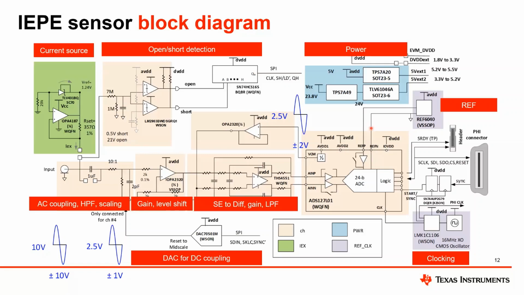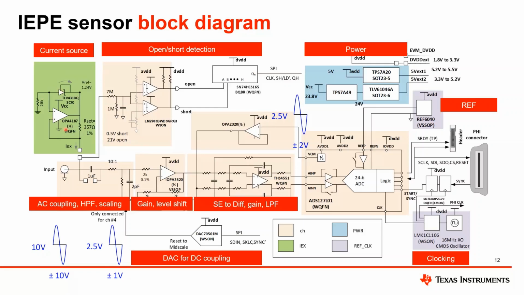The 4 volt reference, REF6040, is used to achieve the highest dynamic range through the ADC. We see also a simple high side current source on the left.